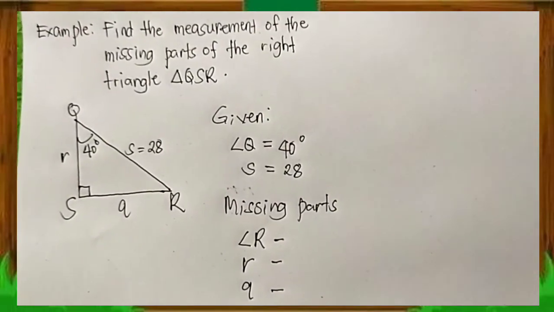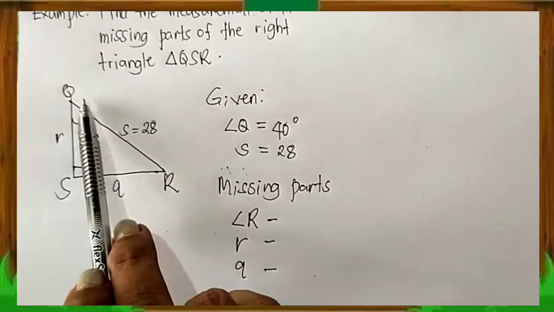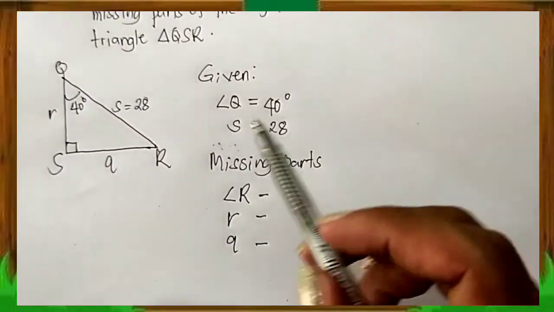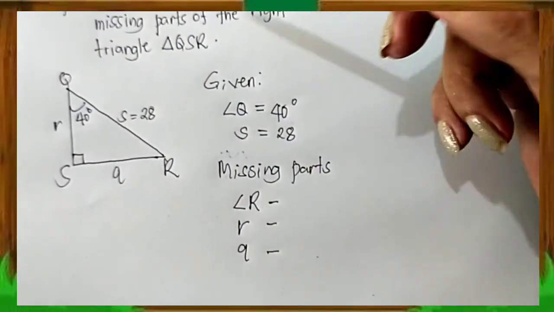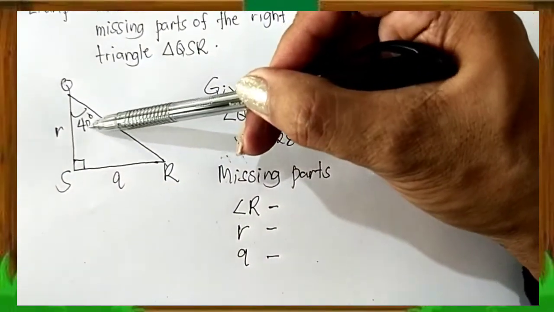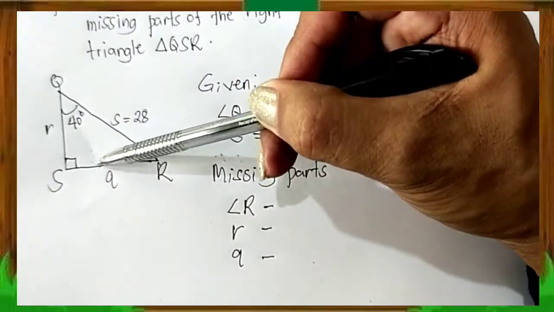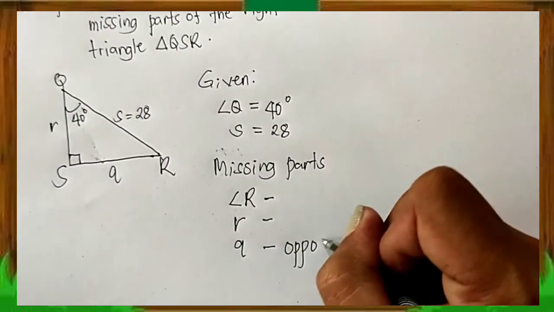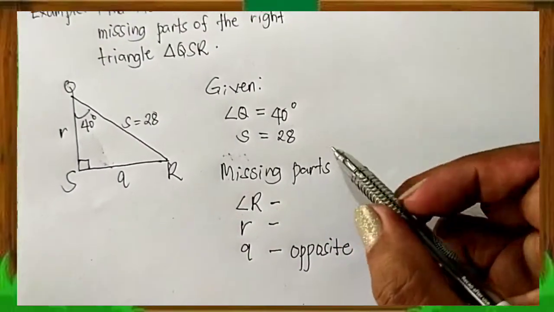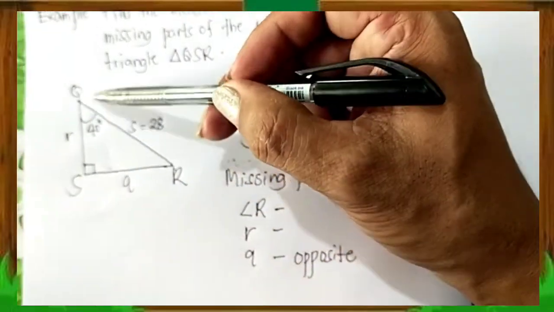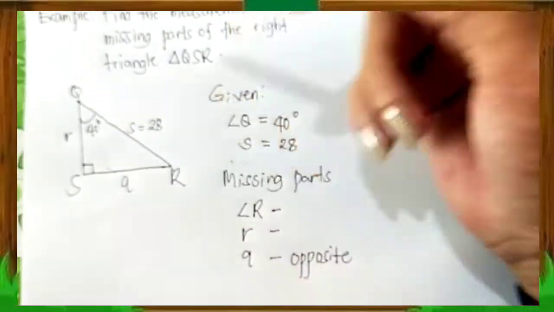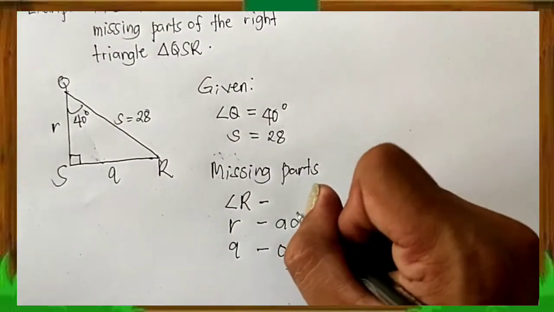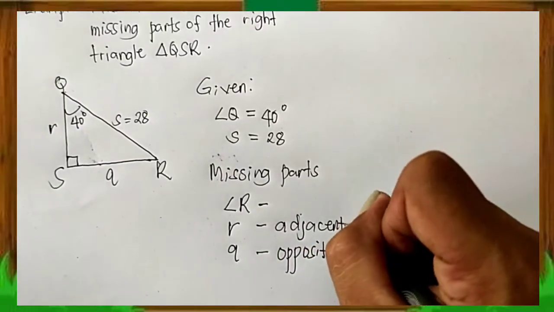First, determine what is opposite and what is adjacent to angle Q. Our marked angle now is angle Q. Opposite angle Q is side Q. So small letter q is our opposite. Then small letter r is adjacent to angle Q. So r is our adjacent.